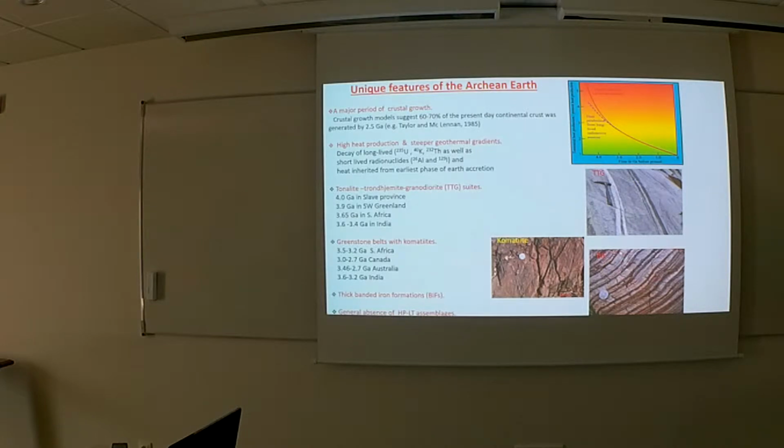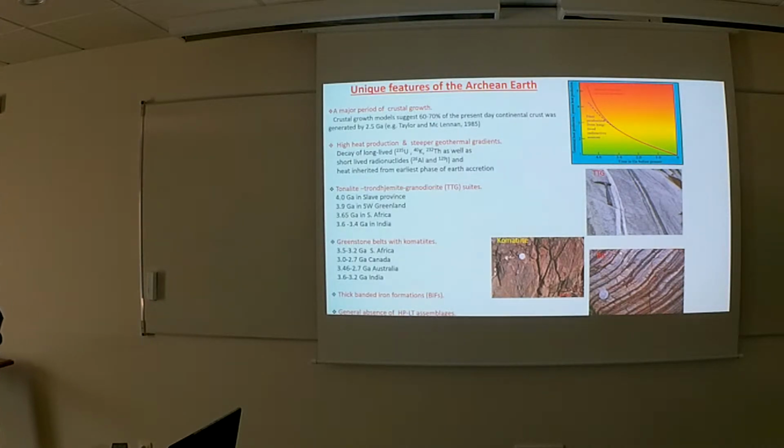Then the banded iron formations. These are some of the most prominent lithologies in the Archean greenstone belts. Most of the time they are confined to the summits, and these are either TTG or the komatiites or the banded iron formations. Such thick banded iron formations are totally unknown in modern orogenic belts.